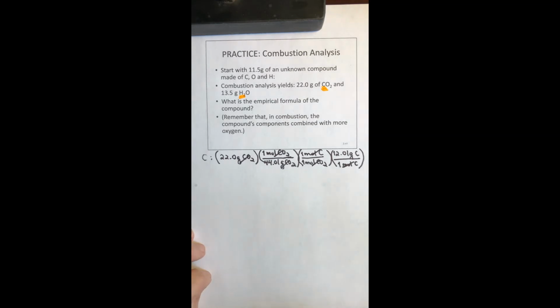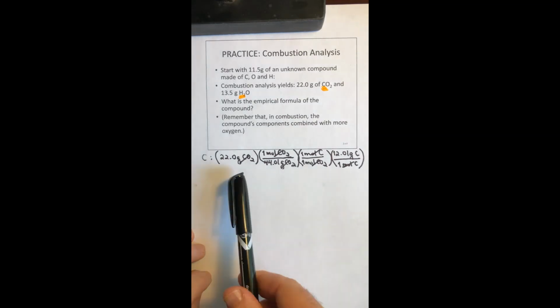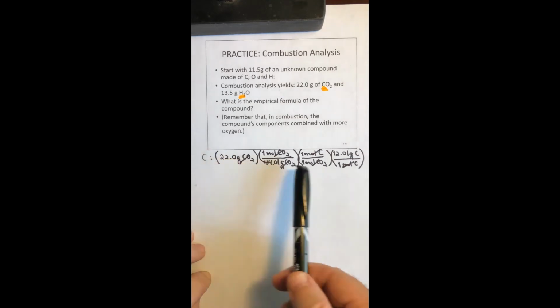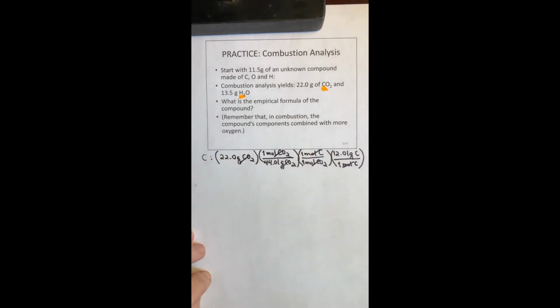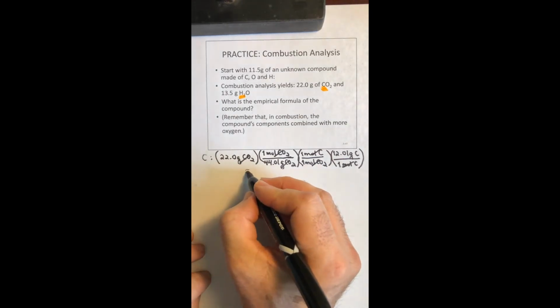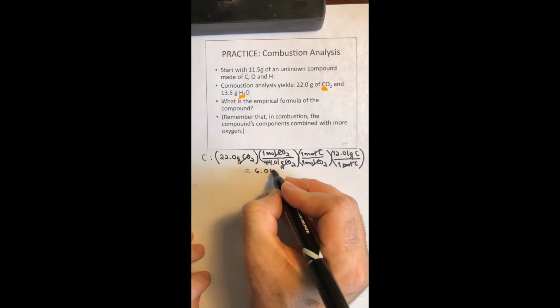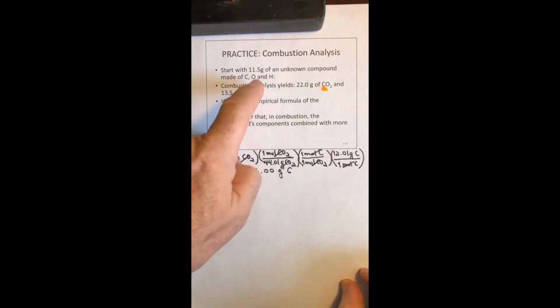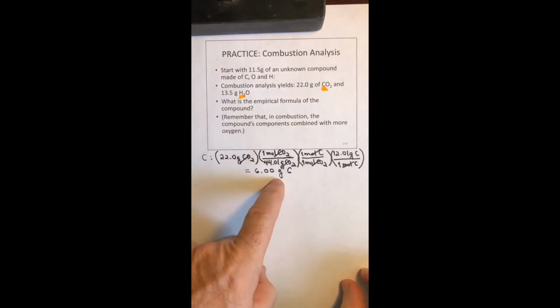So now I can find out all of the grams of carbon in CO2 that were originally in my compound. So I can do this calculation, and it comes up to about, when I round it, 6.00 grams of carbon. So that means that in my 11.5 grams of compound, there were 6.00 grams of carbon.